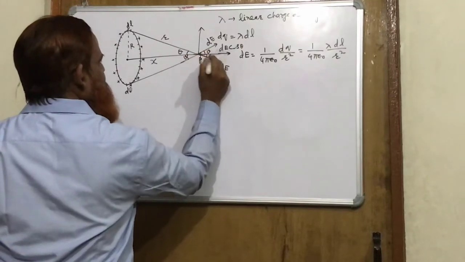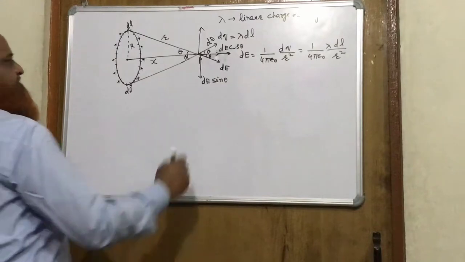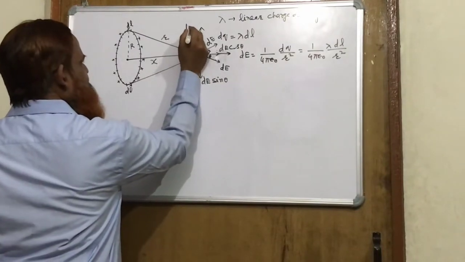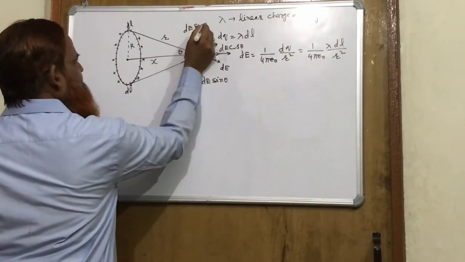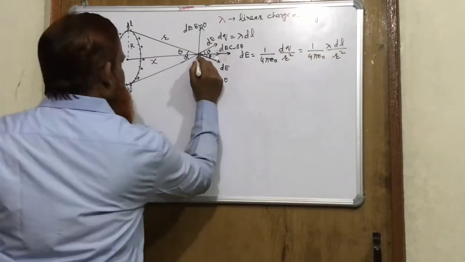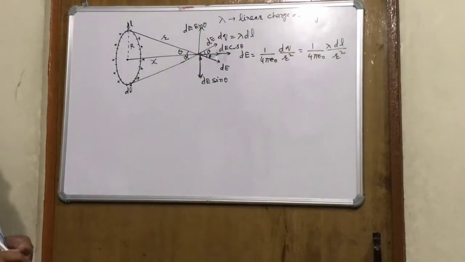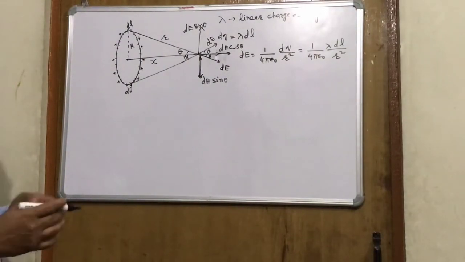So dE cos theta is in this direction and dE sin theta is in this direction. For each dl, there is a diametrically opposite element. So dE sin theta for all elements will cancel out and only dE cos theta will sum up.